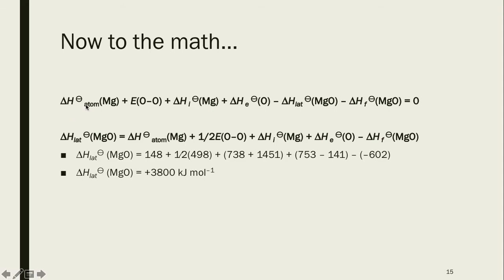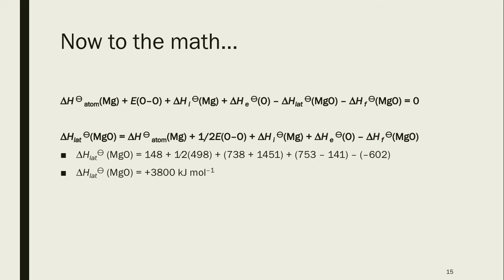Okay, so we add up the enthalpy of atomization, we add up the bond enthalpy of oxygen, we add up the ionization energy of magnesium, we add up the electron affinities of oxygen, we subtract the lattice enthalpy of magnesium oxide, and then we also subtract the enthalpy of formation of magnesium oxide and set that all equal to 0.